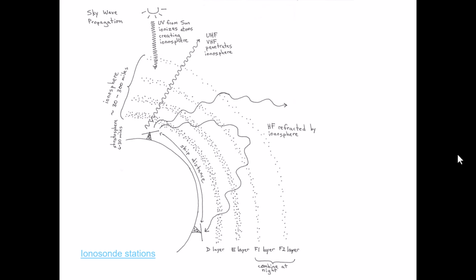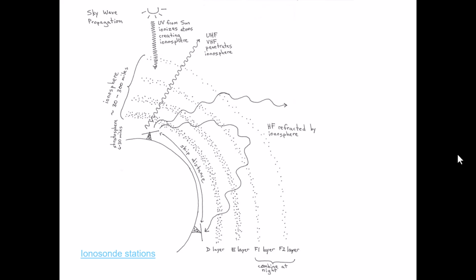Well, since the circumference of the Earth is about 25,000 miles, 12,000 miles would be roughly half the circumference of the Earth, so that can't be correct. The correct answer is 2,500 miles. You can get almost across the continental United States in a single hop from the F2 region.